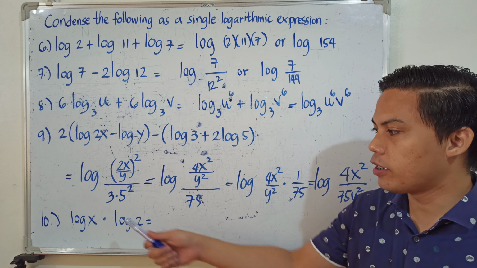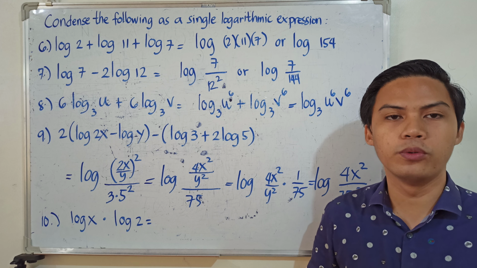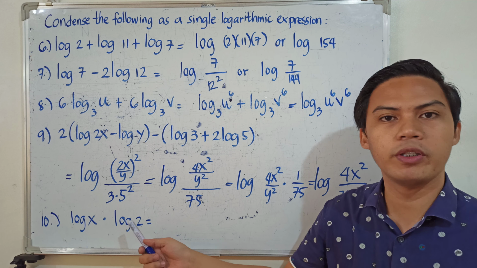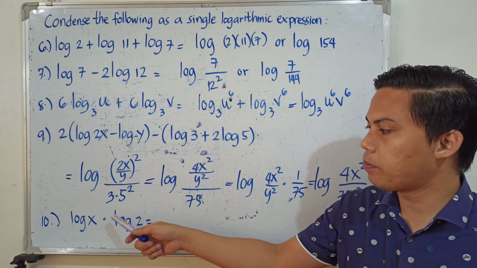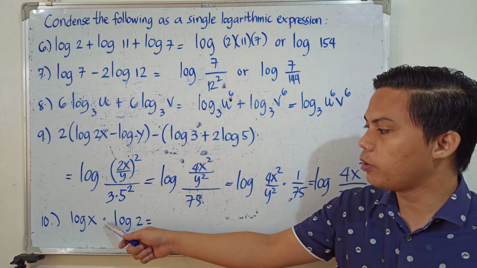Now, how about the last number, the logarithm of x times the logarithm of 2? So, how are we going to condense this logarithmic expression? So, kung mapapansin natin, yung operation nila would be multiplication.